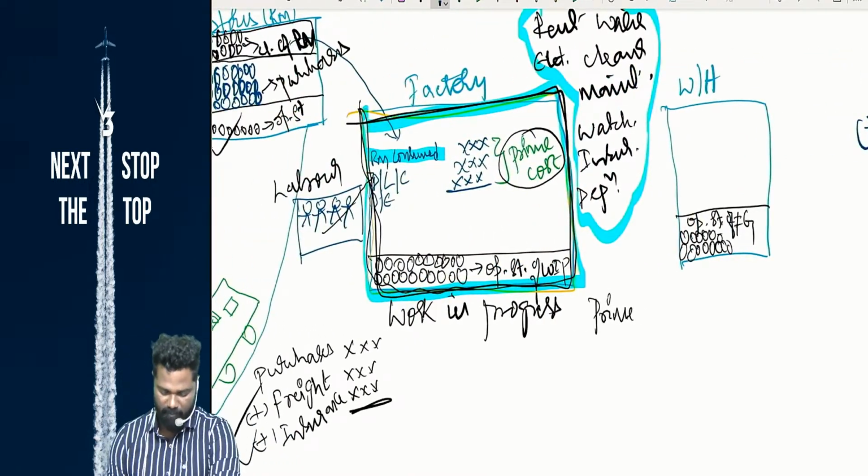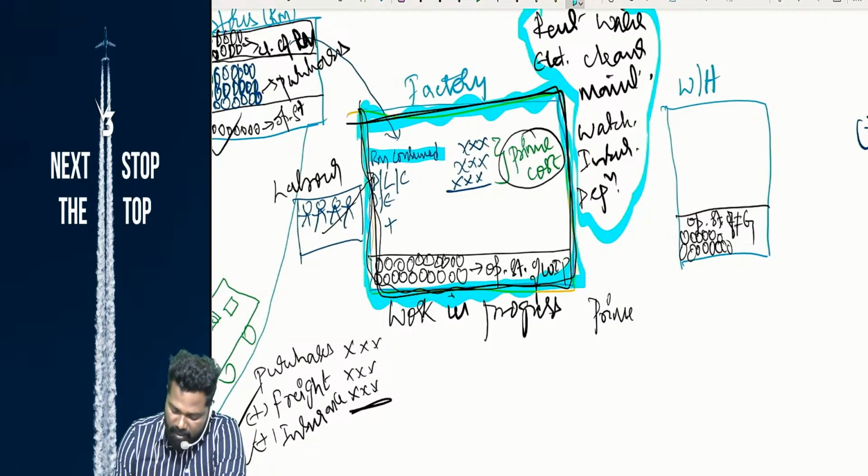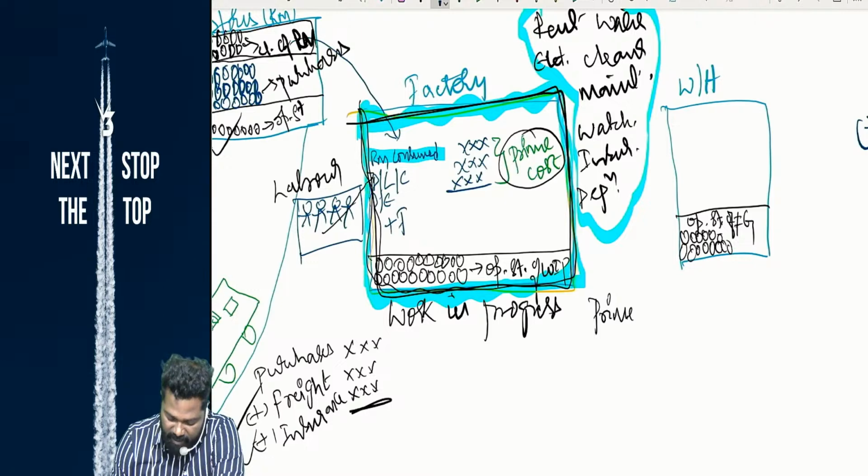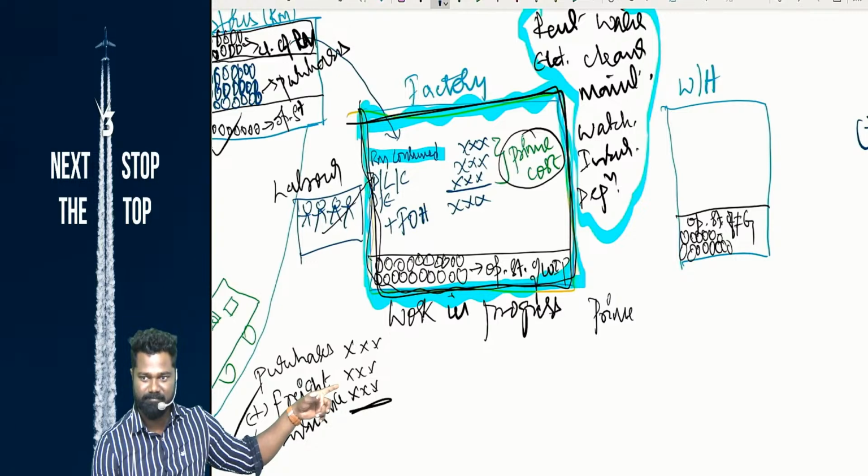Coming to the diagram, where are we now? Prime cost. To this we will be adding all expenses relating to the factory. What is this called? Factory overheads. Clear? Following the diagram, is it clear now?